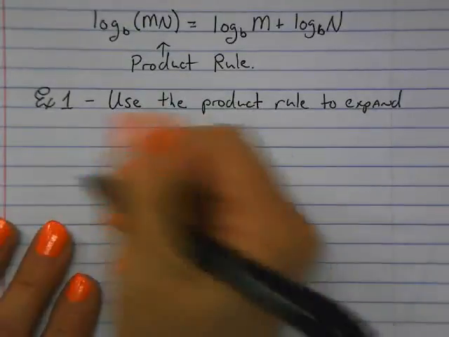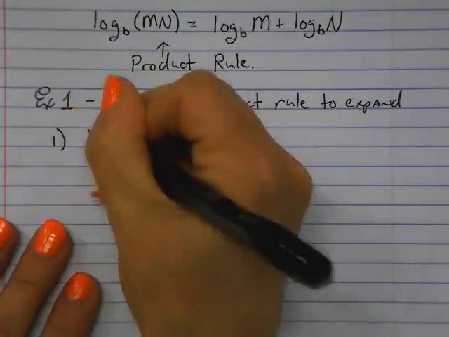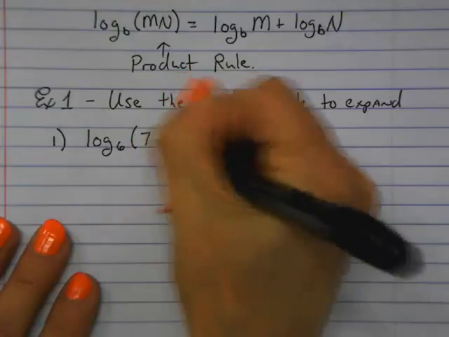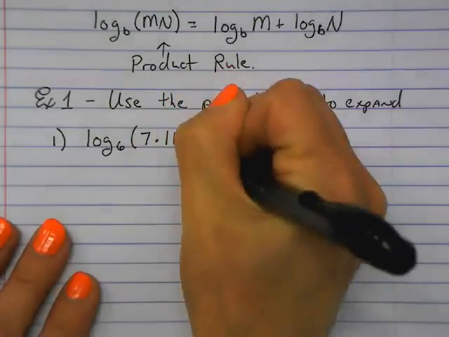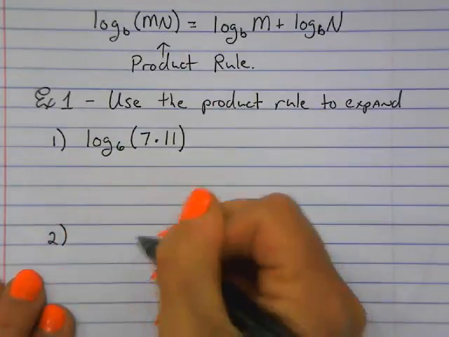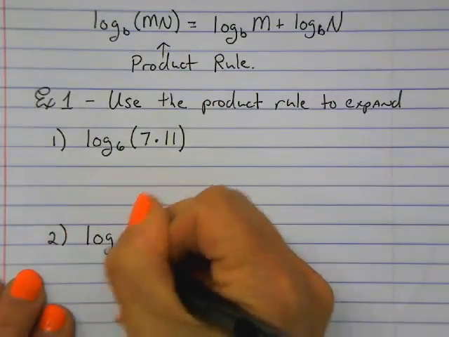Alright, use the product rule to expand. Log base 6 of 7 times 11. And then the second one I'm going to have you do is log 100x.